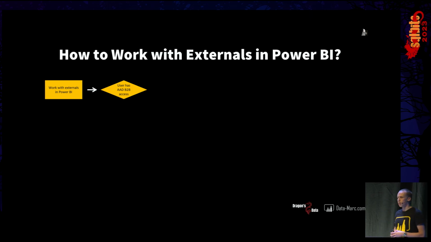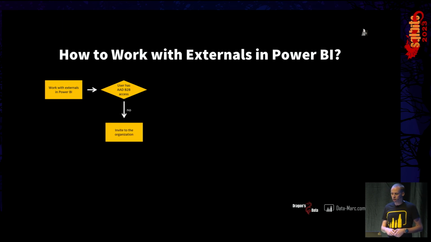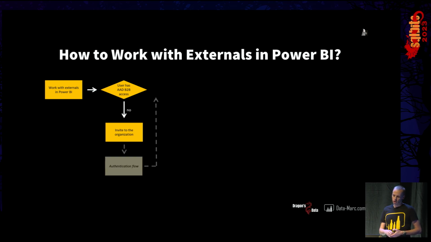Azure Active Directory is the authorization mechanism that we're using here, and that's widely spread across all the Microsoft services that we know and love. So if the answer is no, and this user does not have Azure Active Directory B2B access yet, we should start with sending an invite to join our organization and join our tenant. Based on this authorization, we'll start the authorization flow, which we'll deep dive into a bit later.